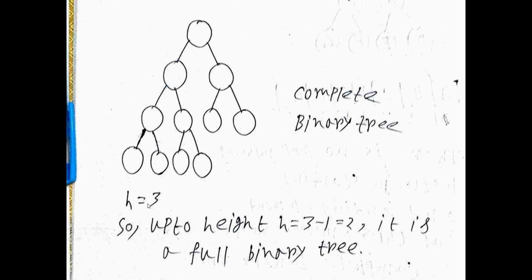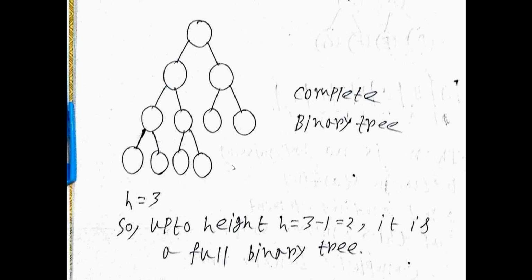I think you are now habituated with how to calculate the height of a tree. Now, our property says that a complete binary tree, no doubt, is a complete binary tree. I already explained why: all levels are filled up. Only the last level is not filled up, and no matter. If there is empty space at the last, no problem.